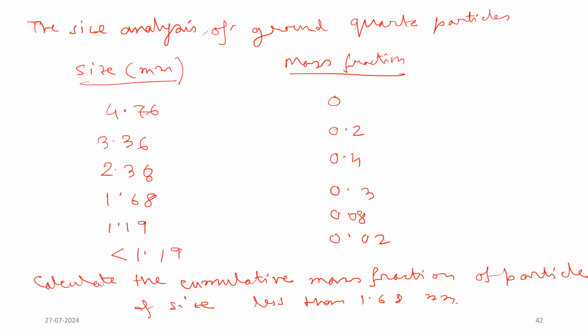So that means it is asked what is the mass fraction left below 1.68. Less than 1.19 size sieve is nothing but the pan.